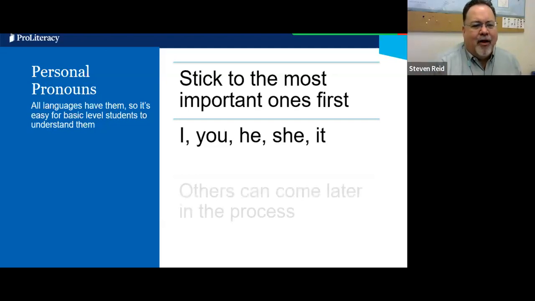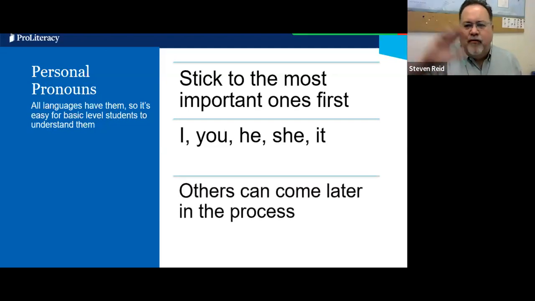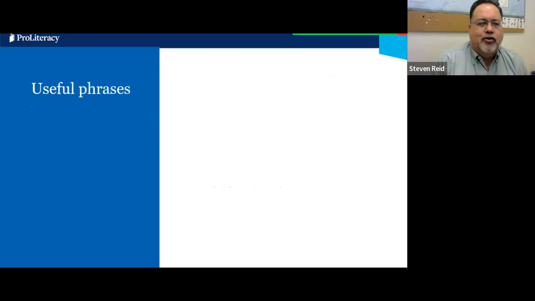The others are going to come along as you move further down the process, but in that first month or so, I, you, he, she, it, we is probably as far as I would go. Remember, I'm only talking about that first month, so we're looking at a really short window. The other things, they'll come. We'll get there. But for now, don't try to load too much in.